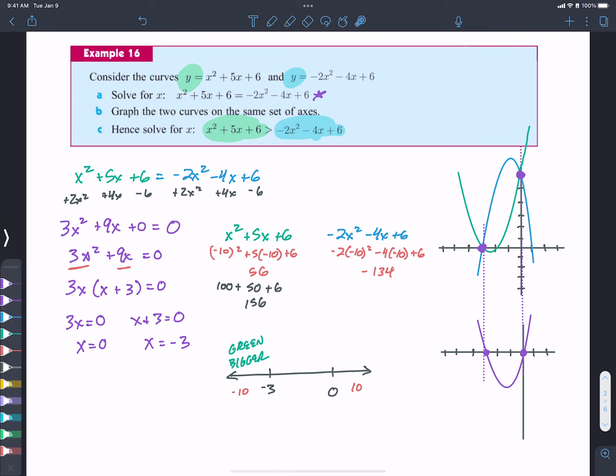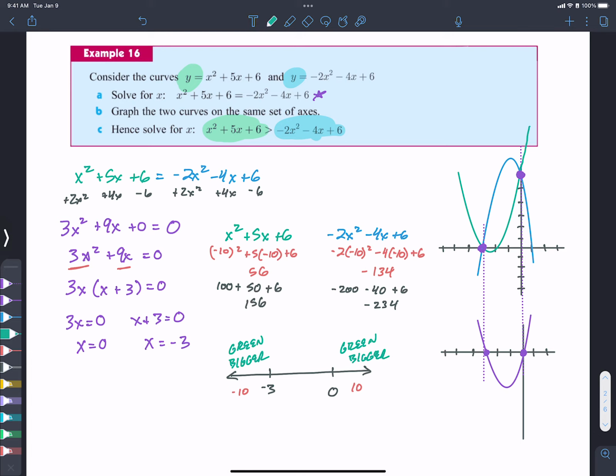Over here, if I put positive 10 in, that's going to be positive 100 again, so that's negative 200. This is going to be positive 10, so now I'm going to be subtracting 40. I'm going to add 6. So negative 240 plus 6, 234. So again, on the outside here, I've got green is bigger.